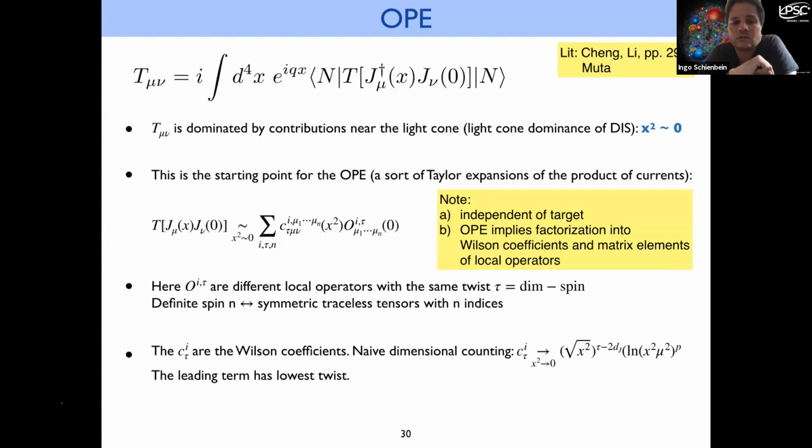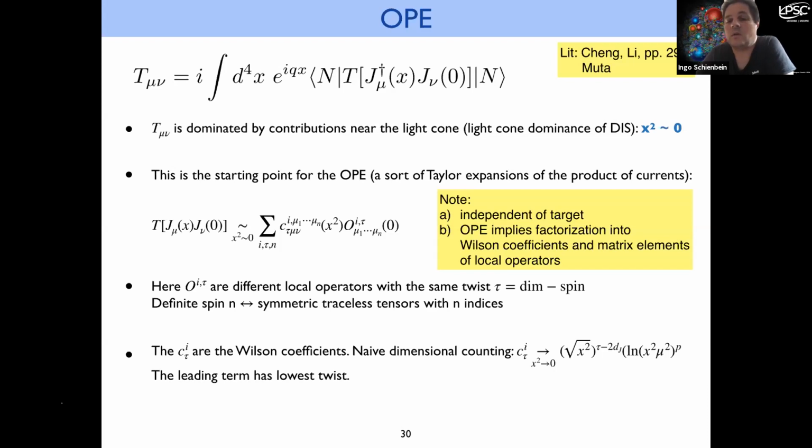And this is important because if you look at the Wilson coefficients, by naive dimensional counting, near the light cone they are given by x to the power twist minus 2 times the dimension of the currents. So the smaller the twist is, the more singular the term is, so the more important the contribution is.